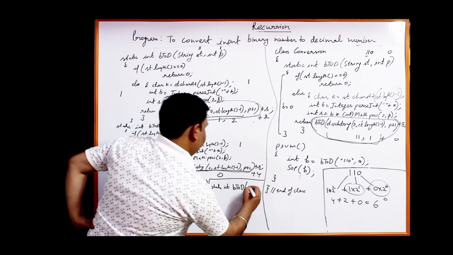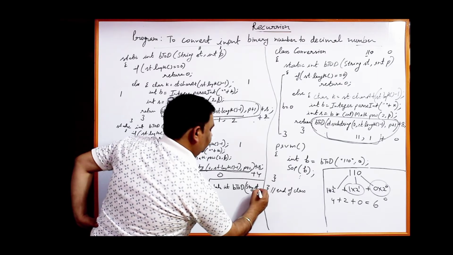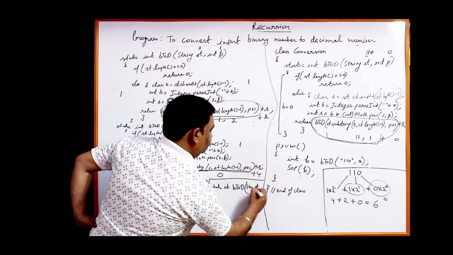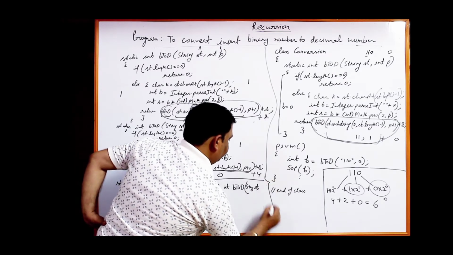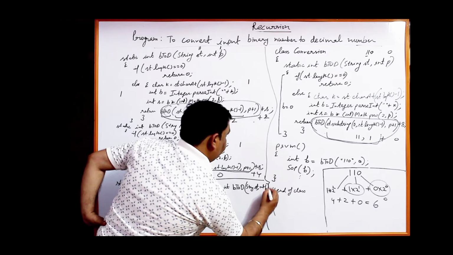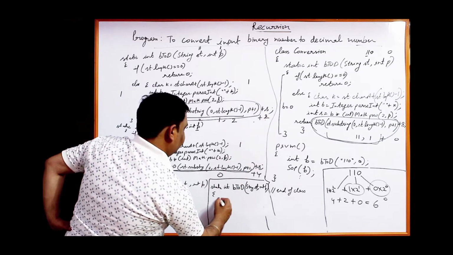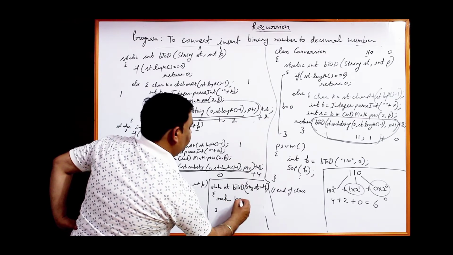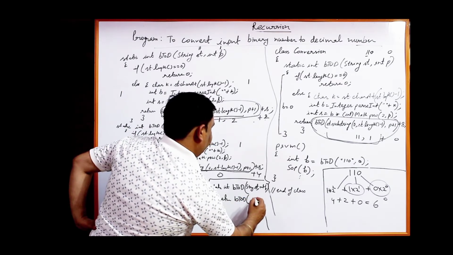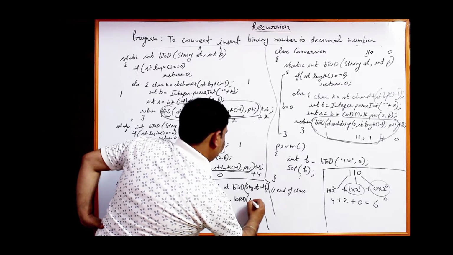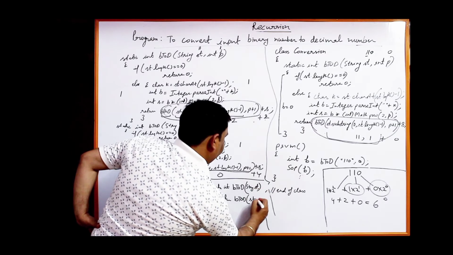From here take String st, and call this function using return, you can call directly return b2d and pass here st. Here you remove the p, you take only st, st comma 0.